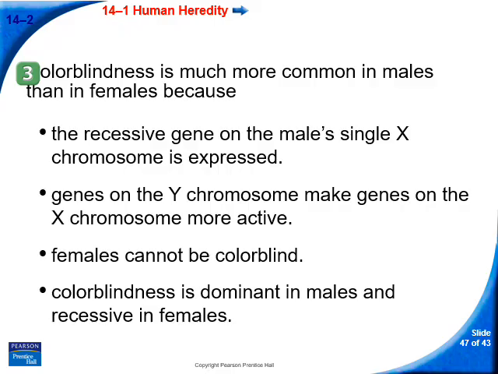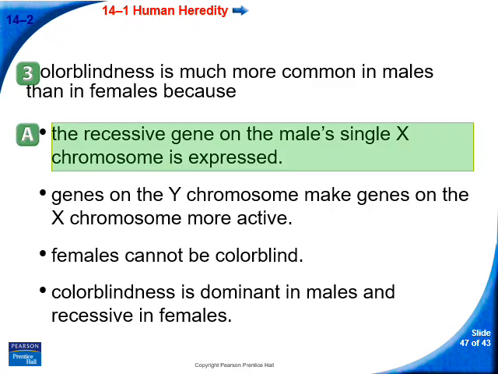Color blindness is much more common in males than in females because the recessive gene on the male single X chromosome is expressed. I think that's the answer right there. That's the first one. Absolutely correct.